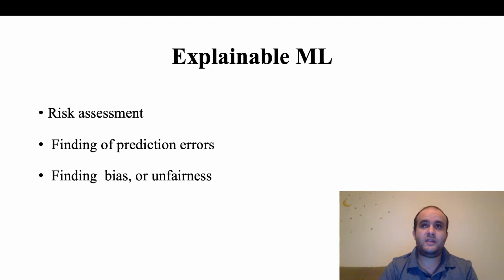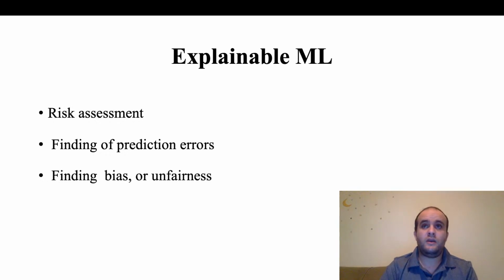Also, making the machine learning model easier to explain helps in finding the prediction errors. We need to look at error because even if it's 1%, that 1% may be related to a high priority disease, a very important disease.